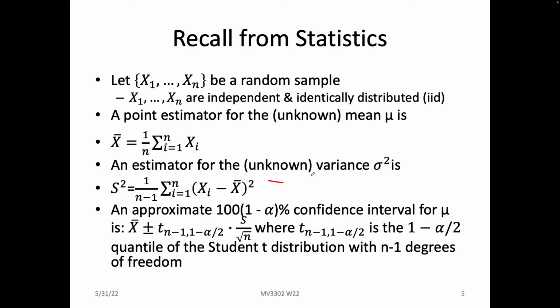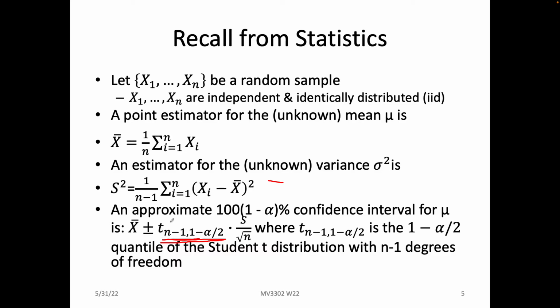So now here's the thing. What additional assumption was made to say that our confidence interval is the sample mean plus or minus our estimate of the standard deviation over root n times this t quantile? It's a two-tailed interval.